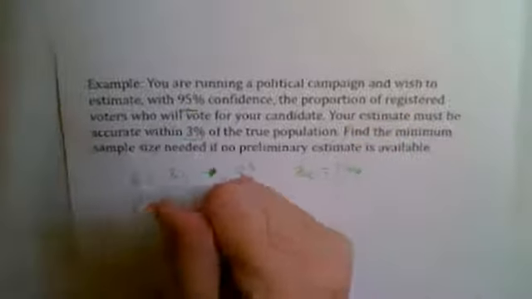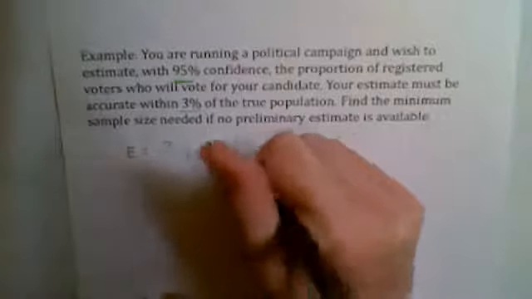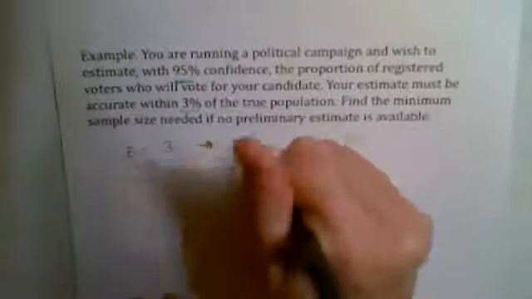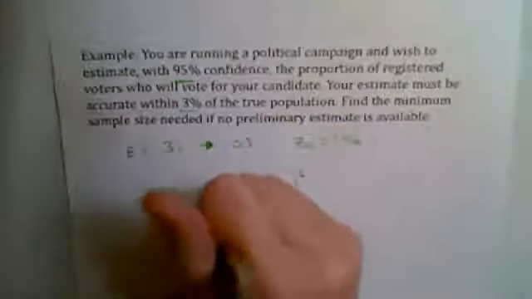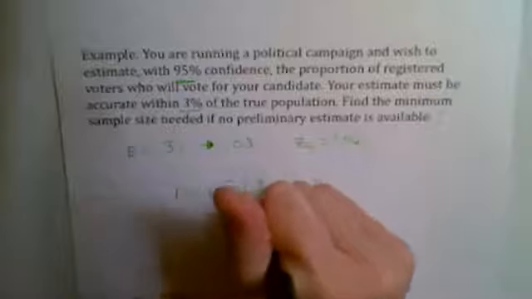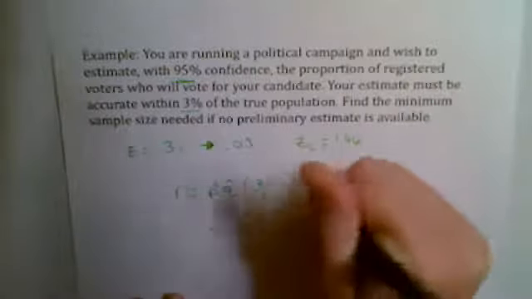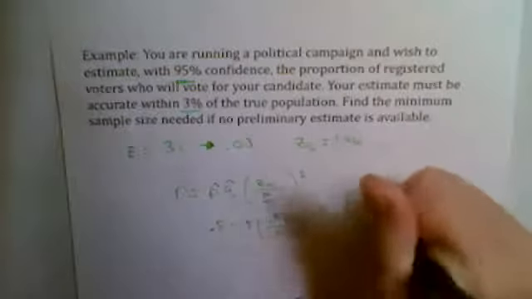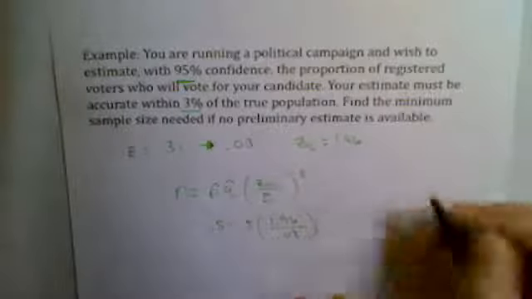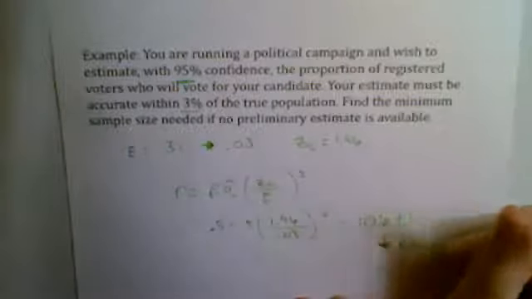Okay, so let's go ahead and plug in. So n equals p hat q hat times z-score divided by error squared. So 0.5 times 0.5, 1.96 over 0.03 squared is going to give you 1067.1, which, remember, whenever we're doing this, you round up.